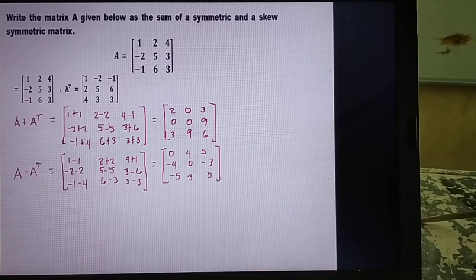Okay, that is the skew matrix. One positive, one negative, negative, then positive, negative.